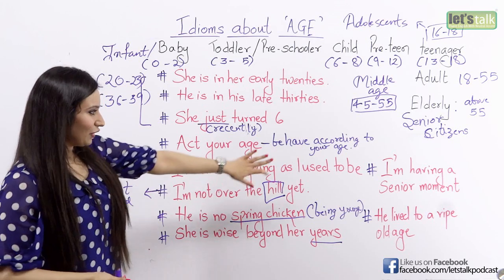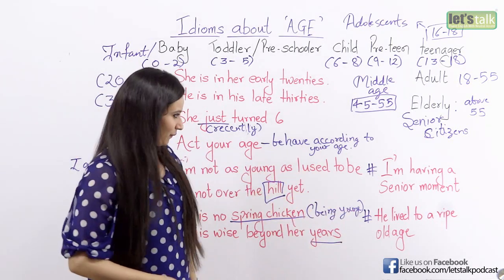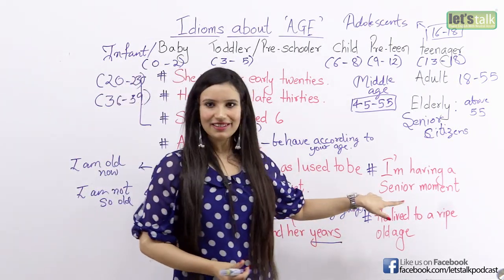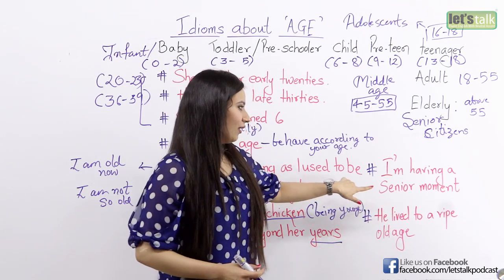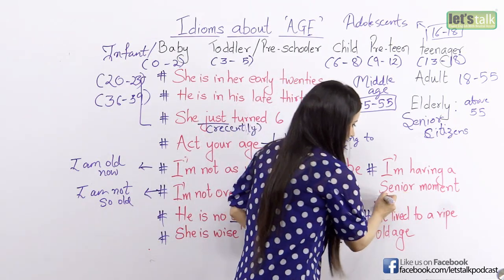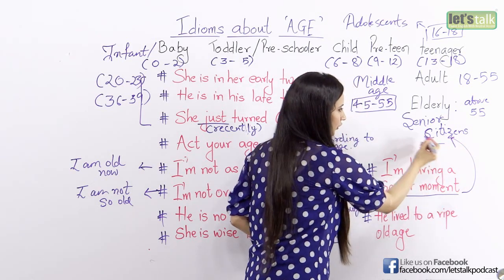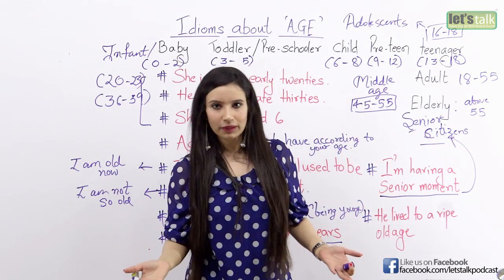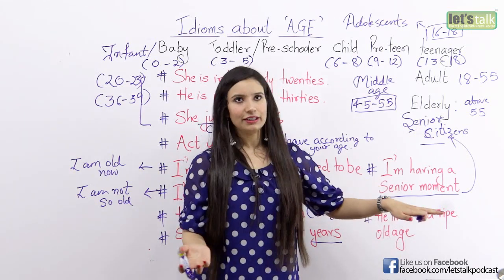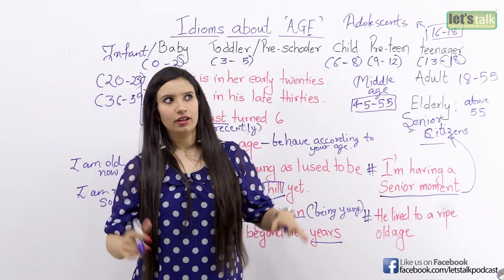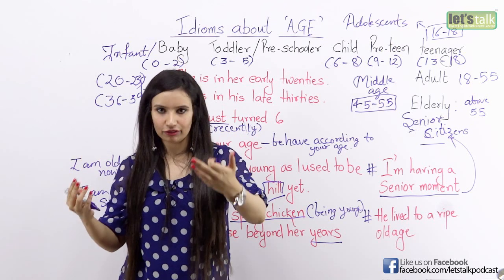Right. Now moving on to the last two idioms. I'm having a senior moment. So senior moment, as you can see, you can relate it to senior citizens here, something related to old people. I'm having a senior moment means that a person is being forgetful.